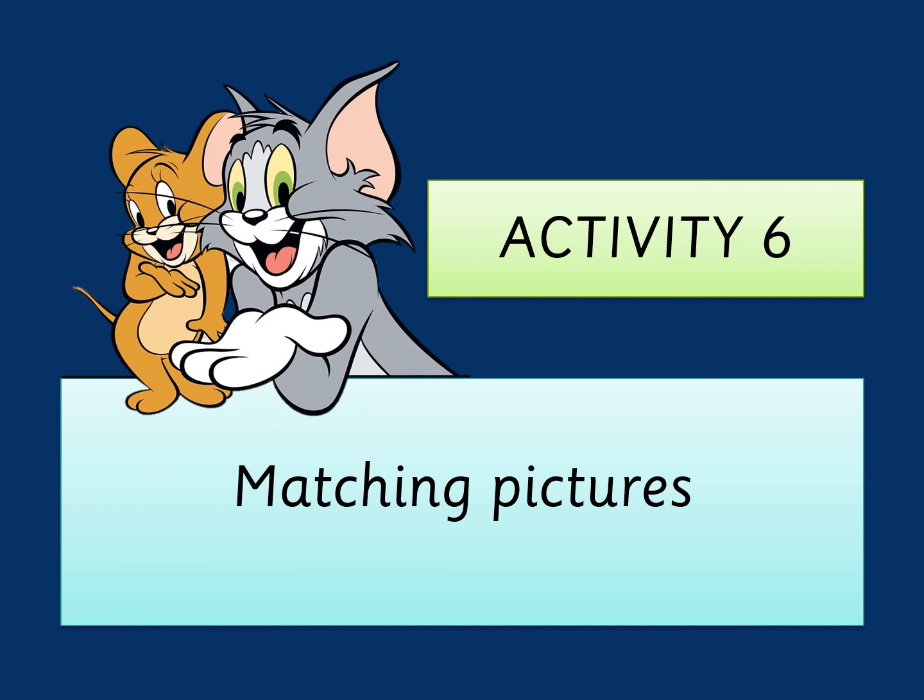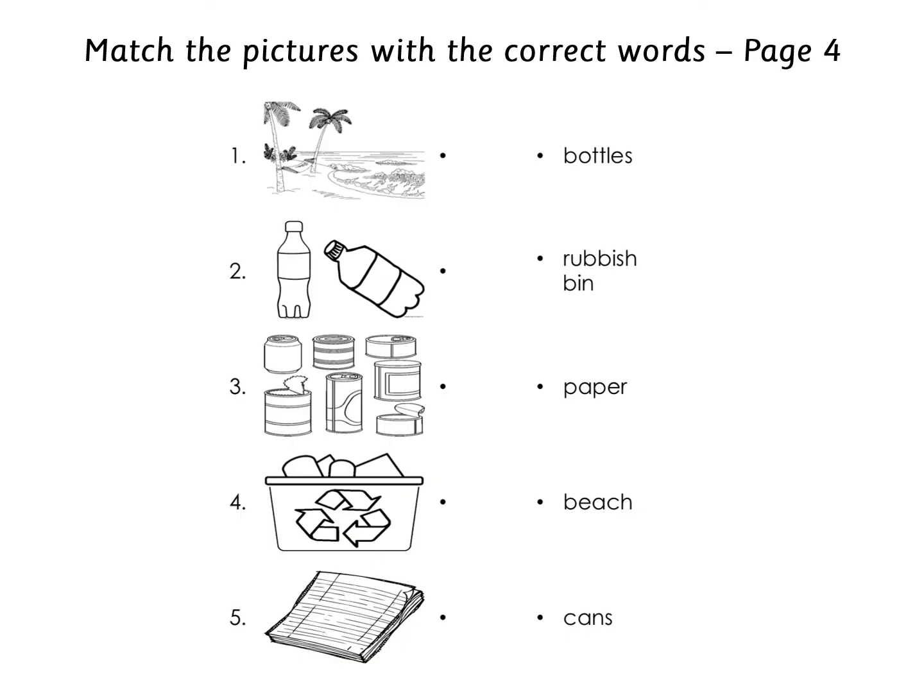For activity 6, you are going to match the picture with the words. Look at the pictures. Match the pictures with the correct words. Okay, let's do number 1. What is the picture?